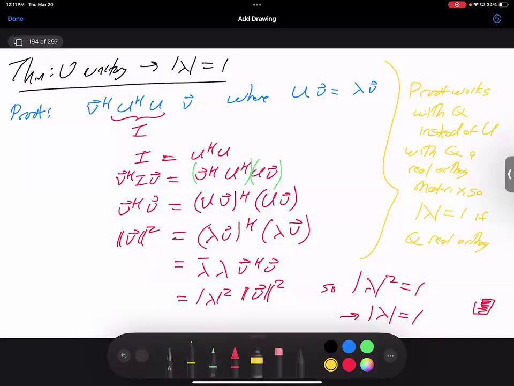Can I do this argument with transposes rather than Hermitians? What breaks down?